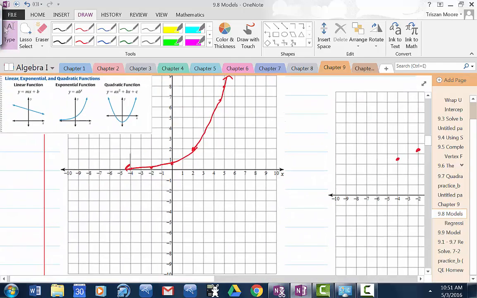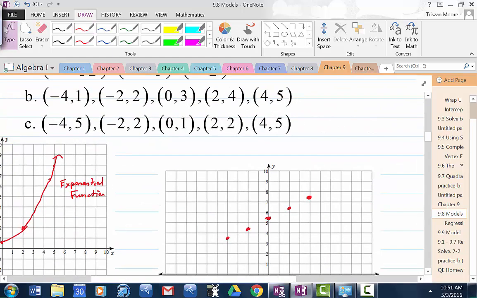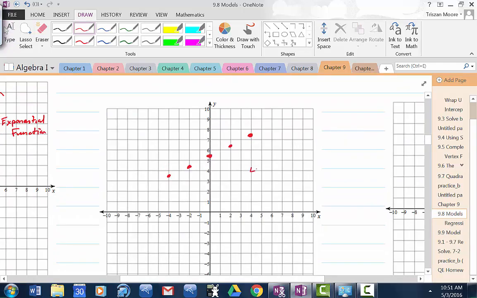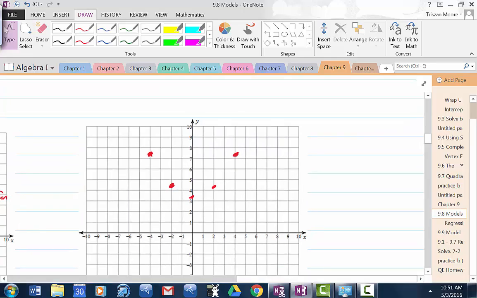Actually, let me go back here and label these. This follows an exponential function. And this follows a linear function. And this one right here, when you're looking at it, follows a quadratic function.